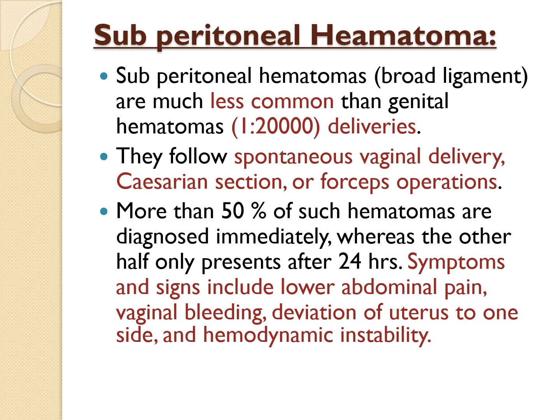More than 50% of such hematomas are diagnosed immediately, whereas the other half only present after 24 hours. Symptoms and signs include lower abdominal pain, vaginal bleeding, and deviation of the uterus to one side with hemodynamic instability.